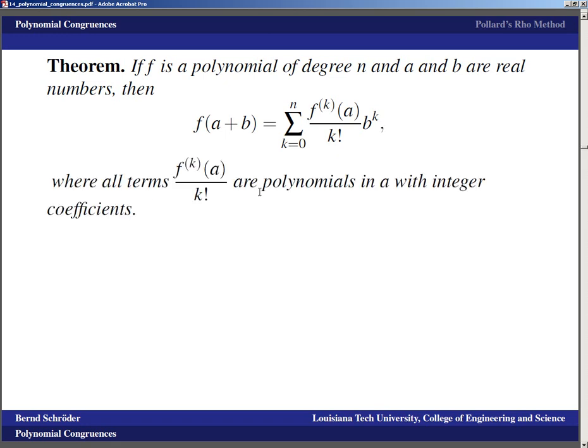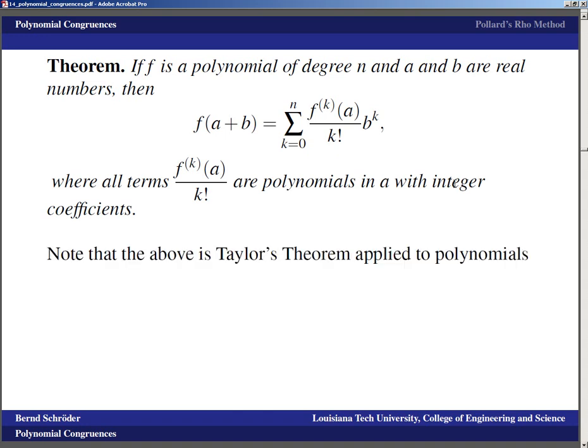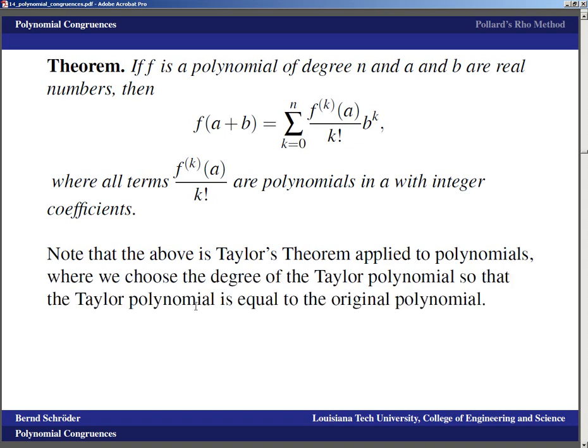And all the terms f^(k) of a divided by k factorial are polynomials in a with integer coefficients. Okay, that is basically nothing else but Taylor's theorem applied to polynomials, where we choose the degree of the Taylor polynomial so that the Taylor polynomial is equal to the original polynomial. So that does make a good bit of sense.